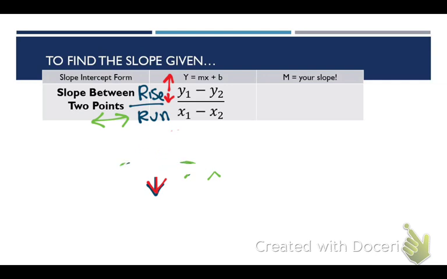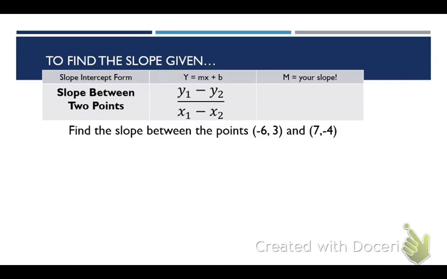So make sure y is on the top, x is on the bottom. That's the number one mistake I see every year. Also, these two come from the same coordinate, and these two will also come from the same coordinate, so make sure those line up as well. We're going to do our first example. You just write down -6, 3, and 7, -4.